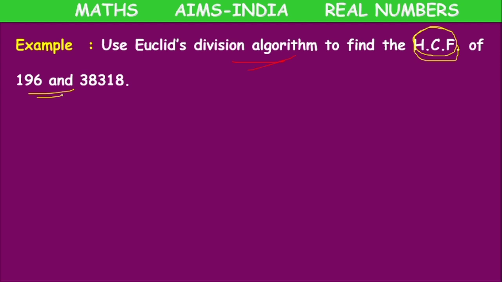HCF is also termed as GCD, greatest common divisor. Now the task is how to use Euclid's division algorithm to find the HCF of given integers.